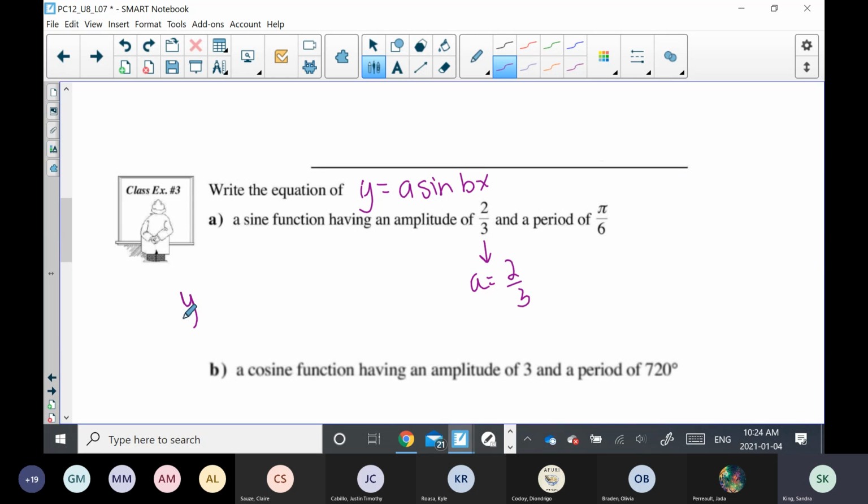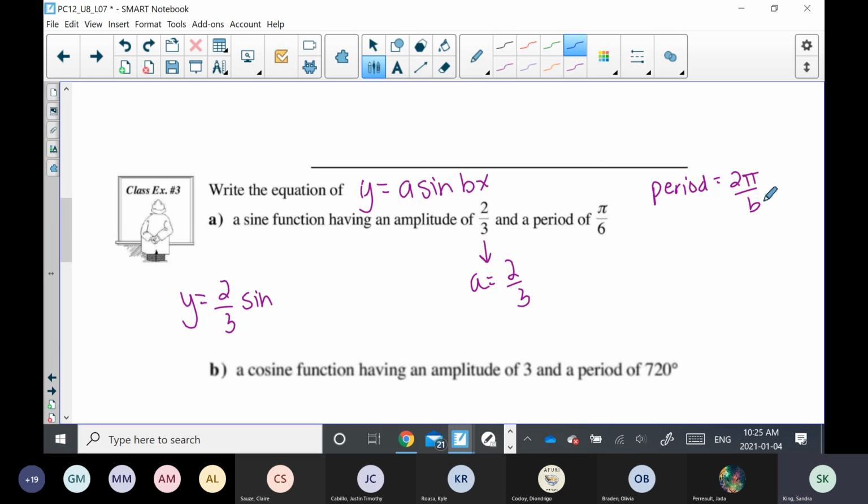So my function is going to be, I'm going to take out that a and I'm going to put in 2/3. 2/3 sine. Now we just have to figure out the b value. So this tells me that I'm in radians, right? The formula, you guys, was this. Period is equal to 2 pi divided by b.